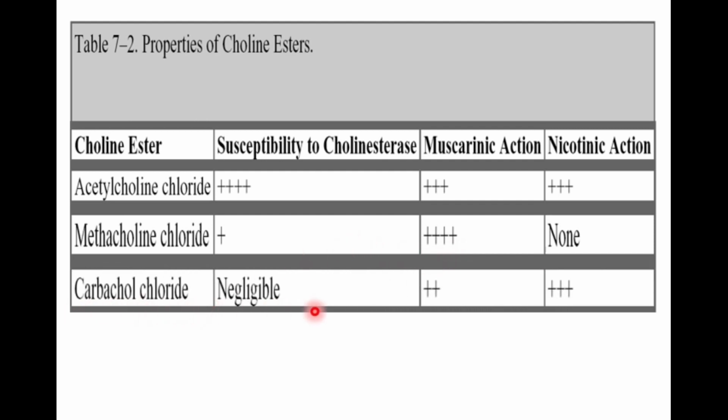Carbachol is resistant to hydrolysis by cholinesterases. Carbachol has adequate agonist activity at muscarinic receptors and may be used clinically because of this property. However, carbachol also has a powerful stimulant action on nicotinic receptors, which may result in ganglion stimulation and skeletal muscle contraction.